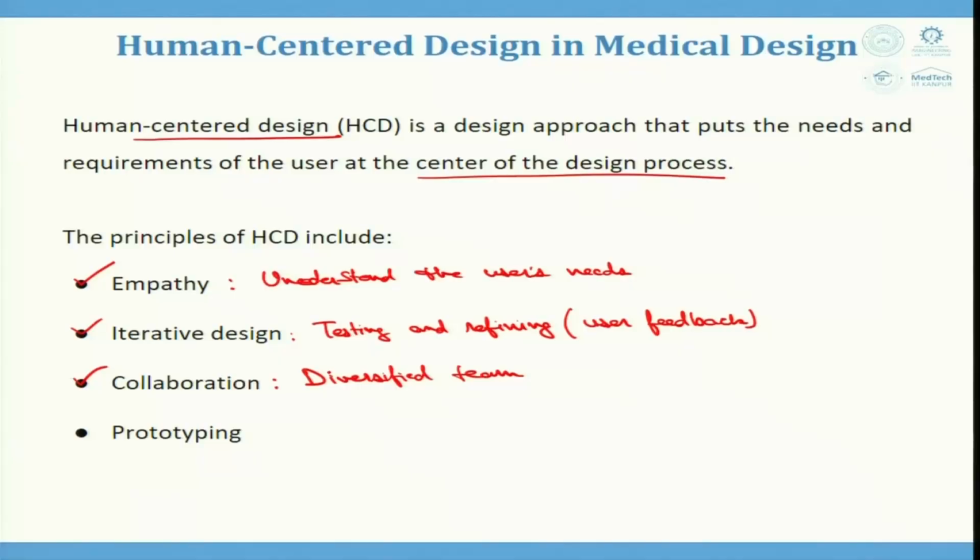Another person, maybe the overall project manager, will see where the material is coming from, the availability, what is the life of the material, and what should be the strength of certain parts of the components which are designed. Those all are to be taken care of. So, therefore, collaboration between a diversified team, starting from engineers, doctors, anyone could be part of it.